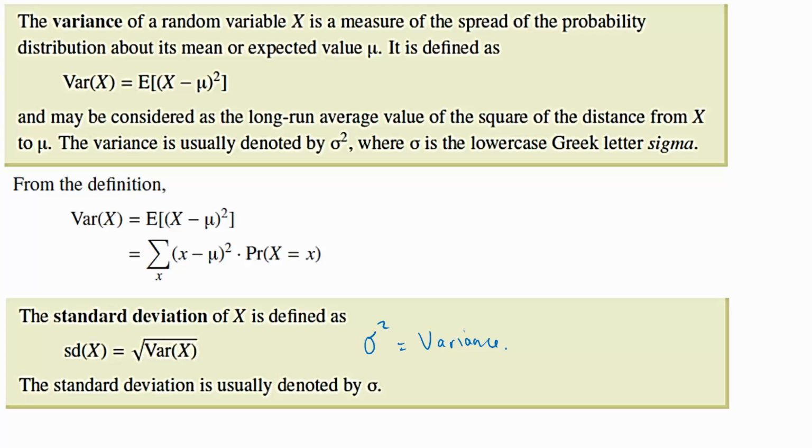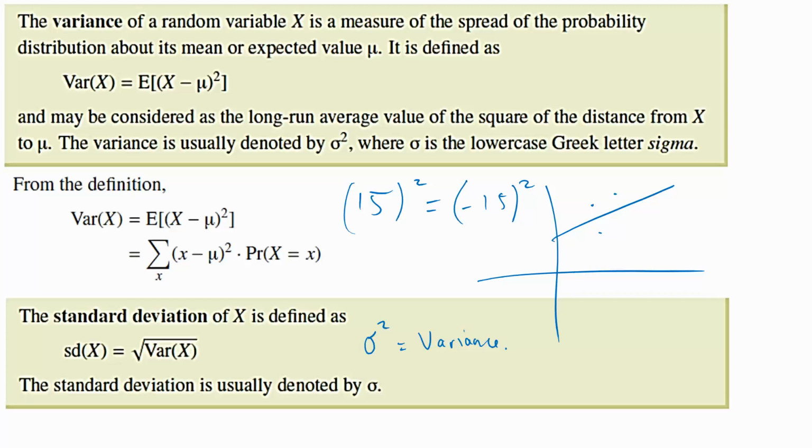Because if you square all your data, whether it's positive or negative, if 15 was my error before, 15 squared will be equivalent to negative 15 squared, which makes it the same error. The problem with this is it is now out of proportion.